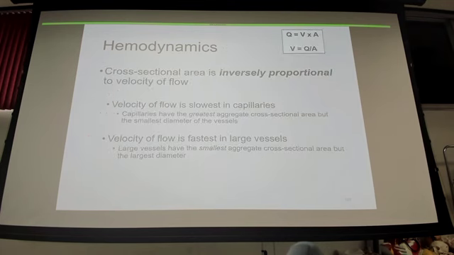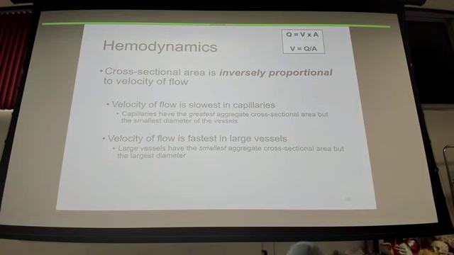So, cross-sectional area is inversely proportional to velocity of flow. What does that mean? Somebody tell me what it means. One goes up, the other goes down. That's correct. So as the area goes up, what's happening to velocity?